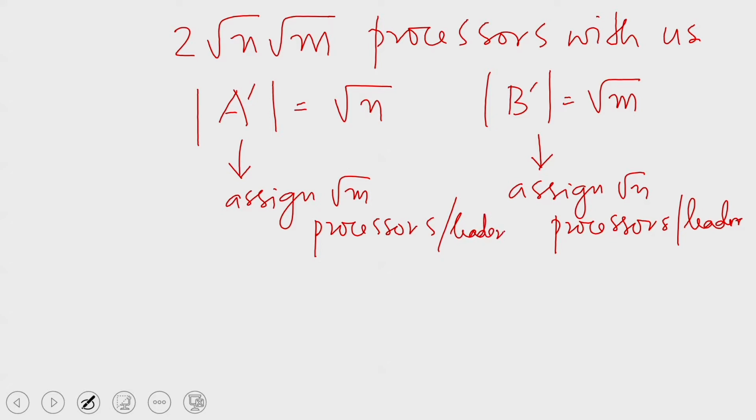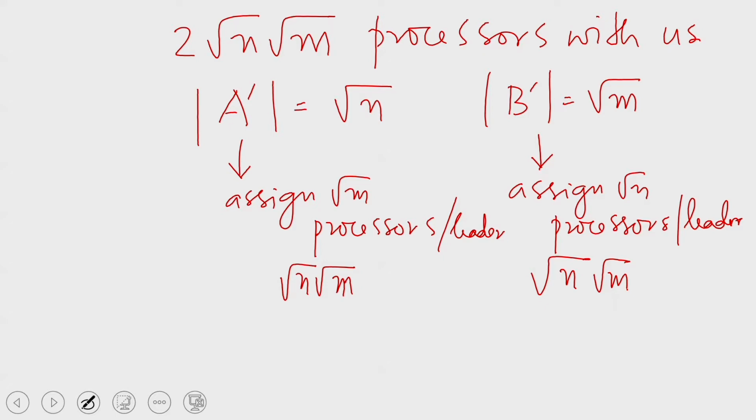Which means on the A prime side we require order of square root of n into square root of m processors. Here also we require square root of n into square root of m processors. We require a total of twice square root of n times square root of m processors, which we do indeed have. We have n plus m processors, which is more than this. So, we have enough processors to allocate them in this manner.